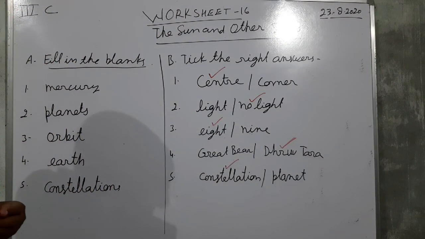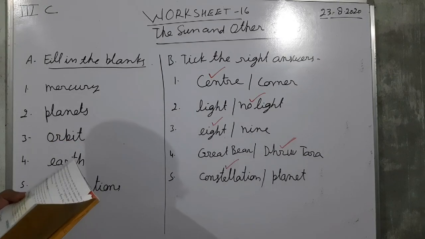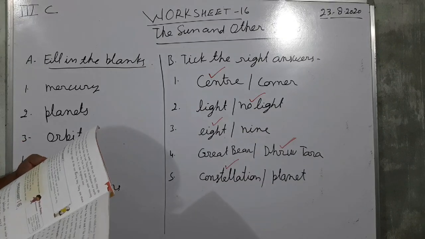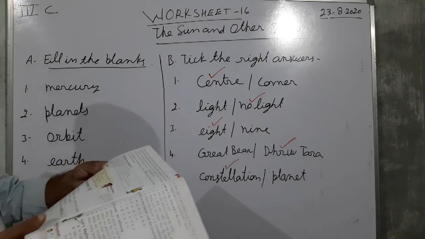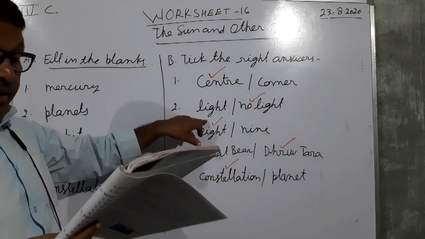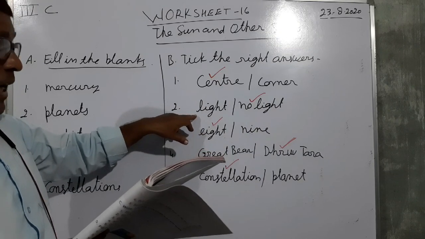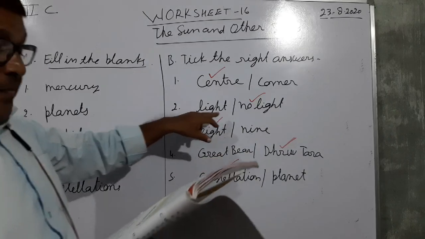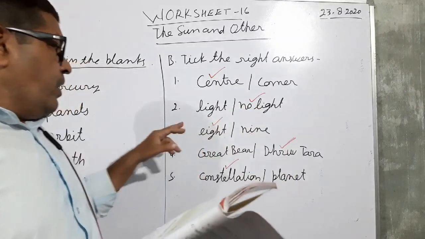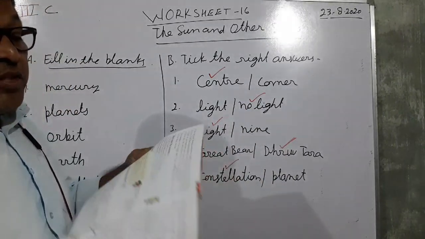So you can write this. So once again you listen. The sun is in the center of the solar system. Second, all planets have no light of their own. And third, there are 8 planets in the solar system.